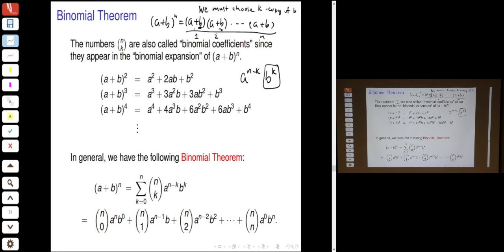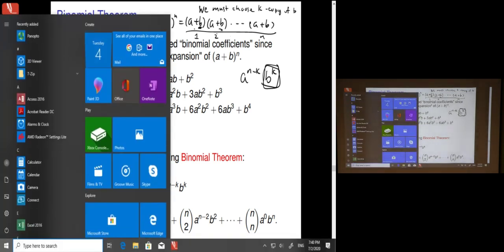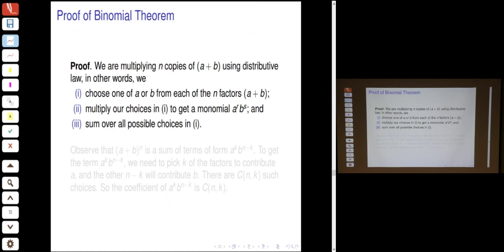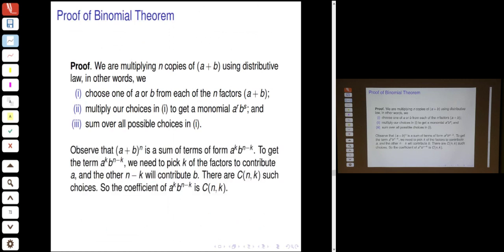Among the n brackets, to form this b to the power of k, I have to choose k of them. So that's why I have n choose k. Okay, so that's the reasoning.